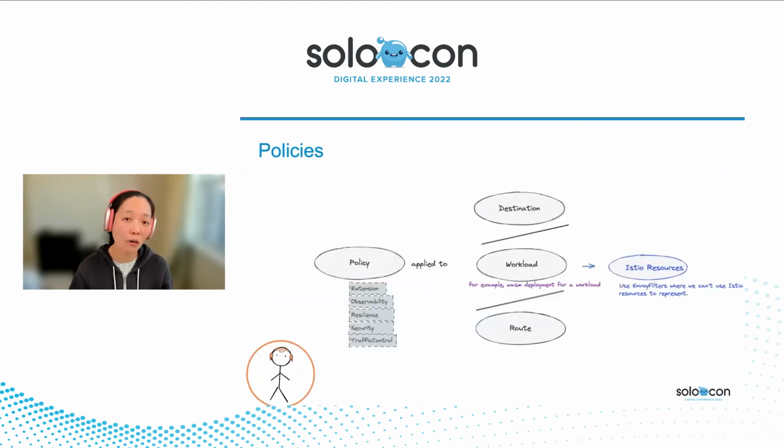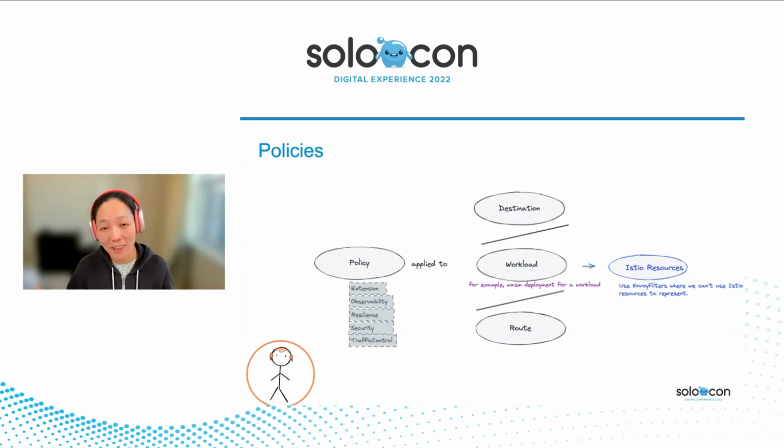In a nutshell, we have 5 categories of policies: extension, observability, resilience, security, and traffic control. Based on the functionality of the policy, you can choose how you want to apply it, whether on a destination or on a workload or on a particular route.